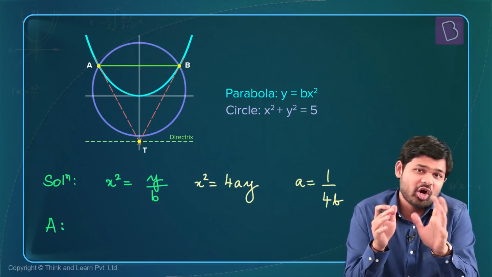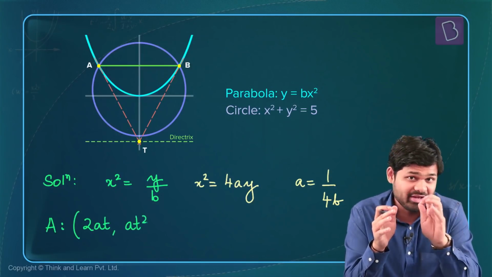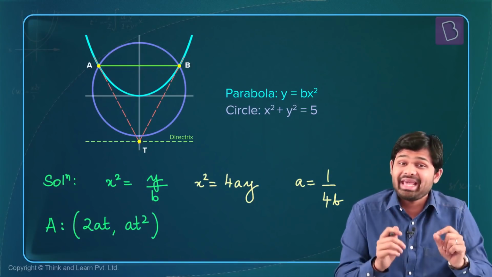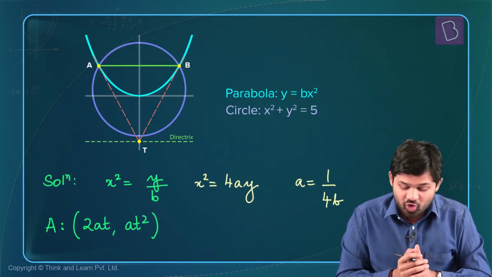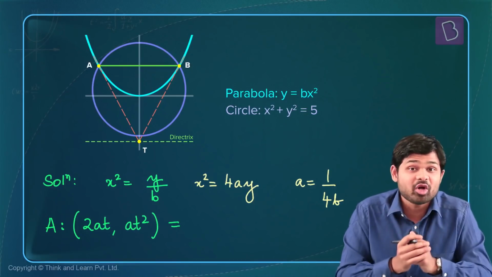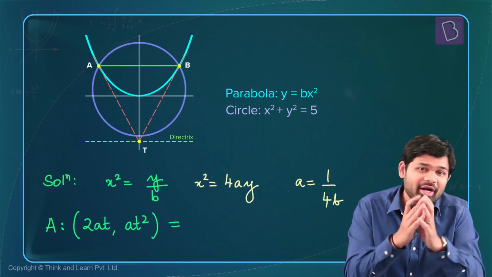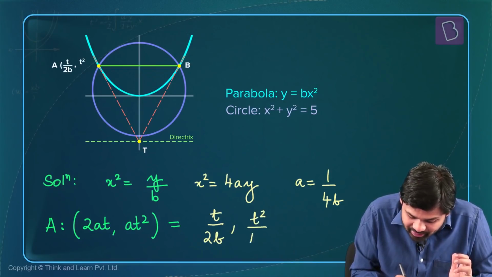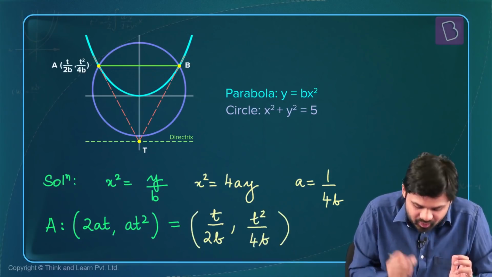So A will have the coordinates 2at, at square if t is the parameter of the parabola at point A. I know what the value of a is. a is 1 upon 4b. So if I substitute the value of small a as 1 upon 4b, then I will get the coordinates of capital A as t divided by 2b, t square divided by 4b.